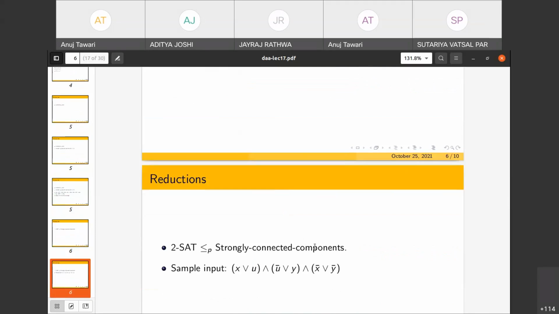So what are these strongly connected components? Let's say you are given some directed graph, so there is direction on edges, and you want to find components or subgraphs such that for every two vertices U and V, there is a path from U to V, as well as a path from V to U.